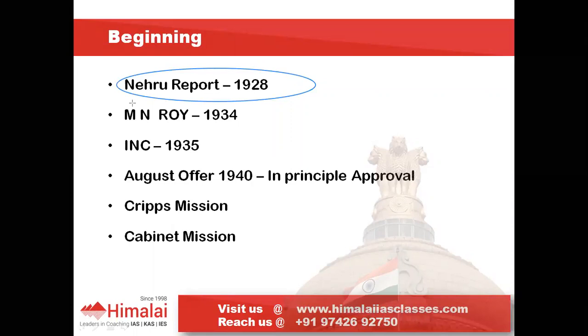Then M.N. Roy, a communist leader, was one of the pioneers of the idea of a Constituent Assembly; the demand was first thrown up by M.N. Roy in 1934. The Indian National Congress included the demand in 1935.